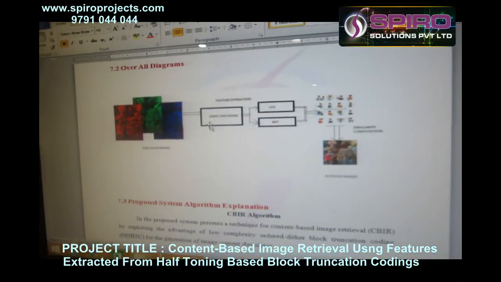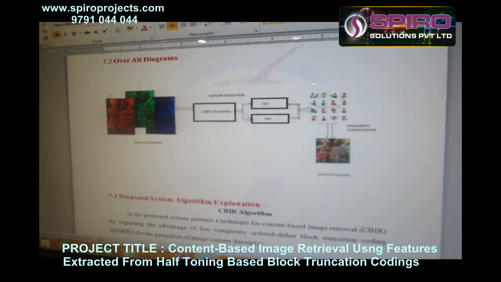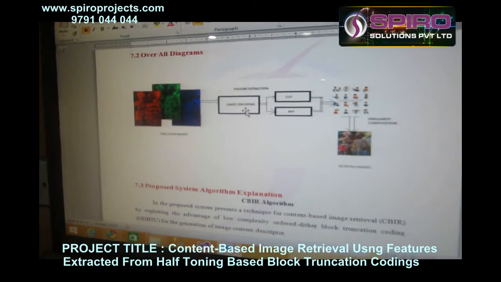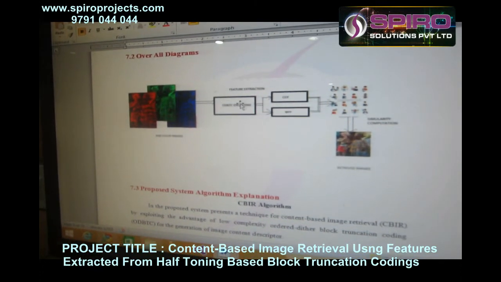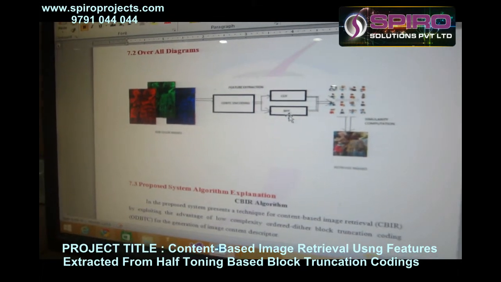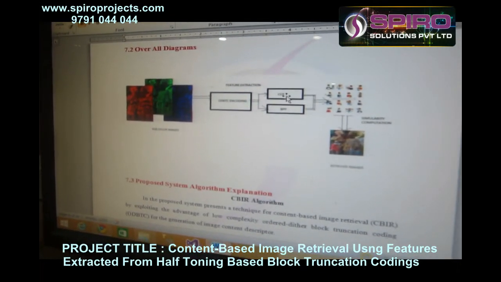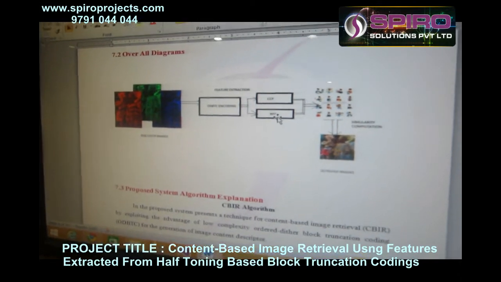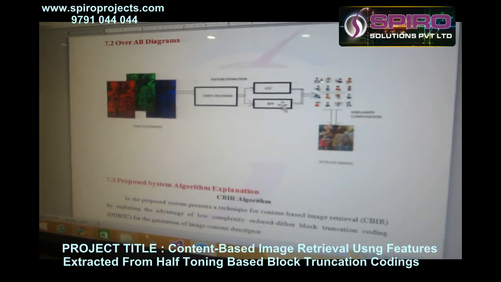Now the architectural diagram. First, split into RGB colors and then ODBTC encoding. In this ODBTC encoding, split into CCF and BBF. CCF means color co-occurrence feature, and BBF means bit pattern feature.